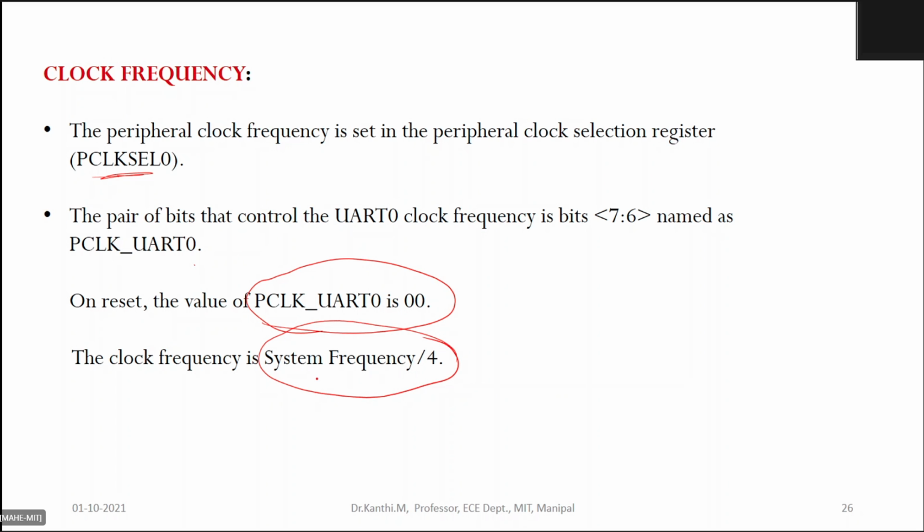This we have in the configuration file which we are adding to the program. So your clock frequency is system frequency divided by 4.